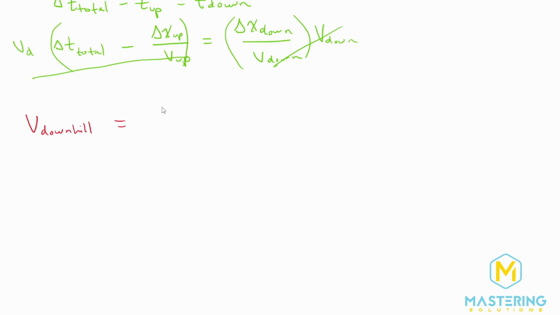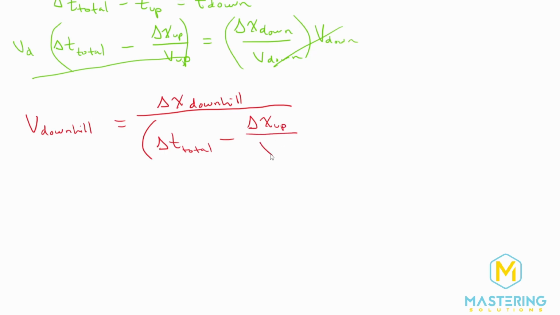Downhill is equal to the distance that we went going downhill divided by this whole phrase right here, which is delta t total minus delta x going up divided by velocity going up. So now we have our final equation to solve for the velocity for the downhill section.